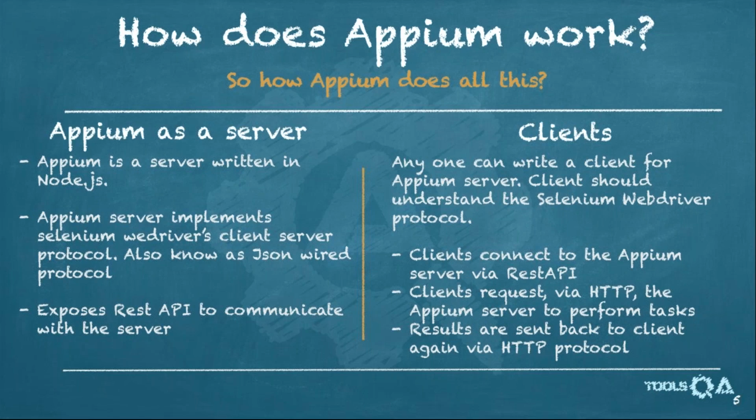The only thing that you have to understand is how Selenium WebDriver works, and what different Selenium WebDriver protocols we have, right? So the same thing I'm mentioning here. The client connects to the Appium server via REST API, the client requests via HTTP, the Appium server performs the task, and then it comes back with a response. Moving on to the next slide.